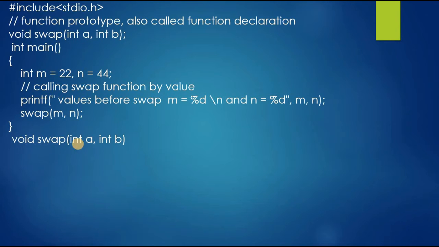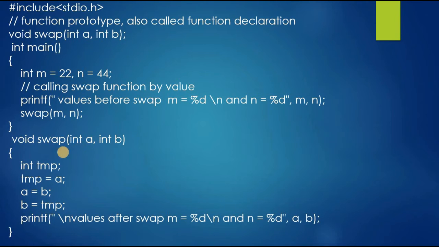Now our function will come. We open a curly bracket. Inside that we declare the variable tmp, an integer type variable. This is the statement block of the function, and the printf statement is values after swap.